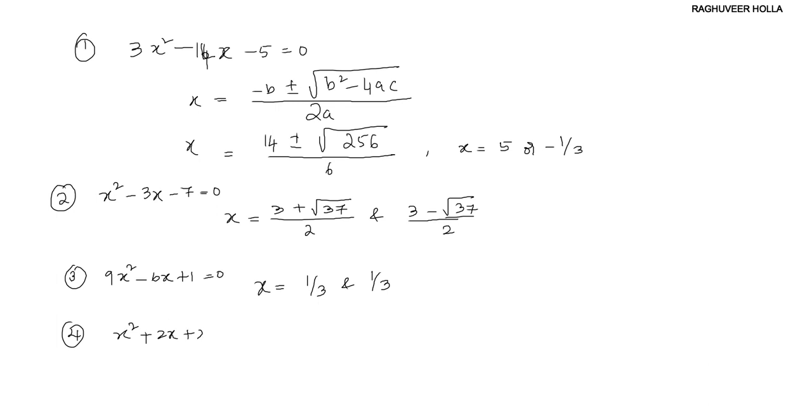And again, x squared plus 2x plus 2 is equal to 0, and the roots are given as x equals minus 2 plus square root of minus 4 by 2 and minus 2 minus root minus 4 by 2.